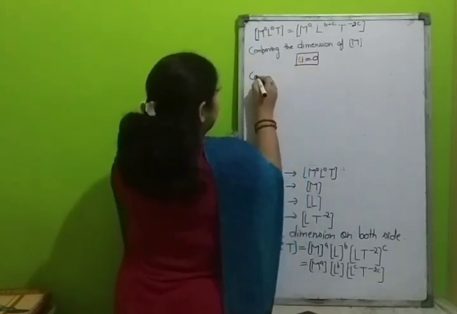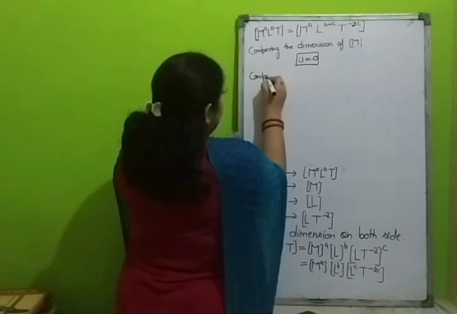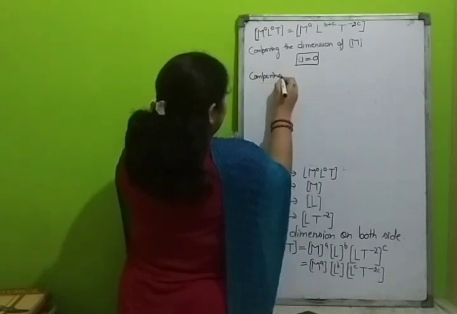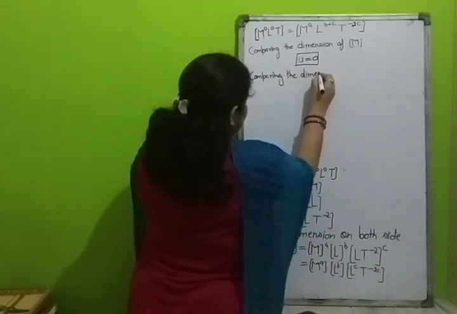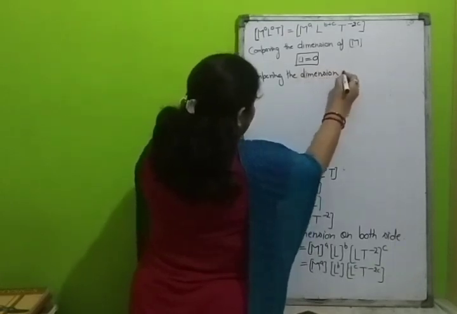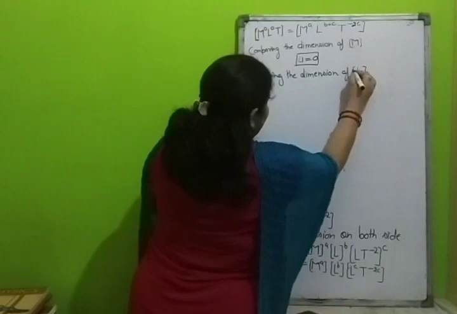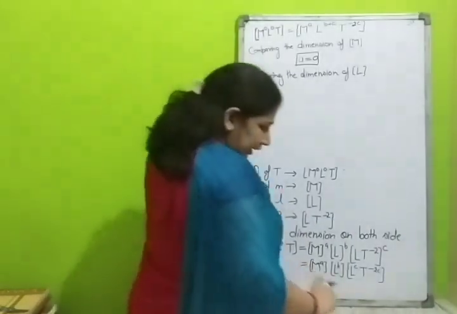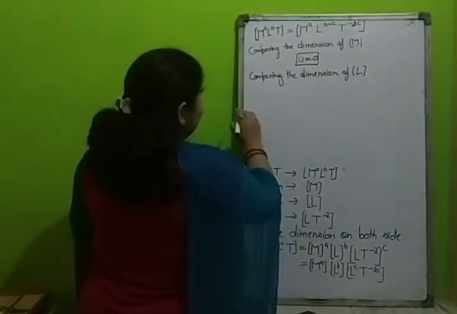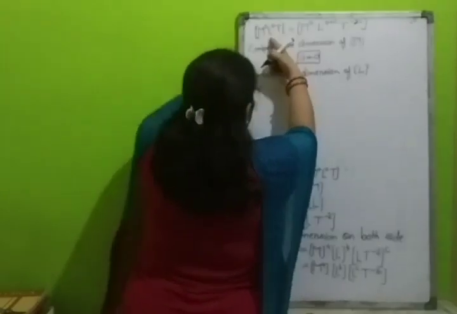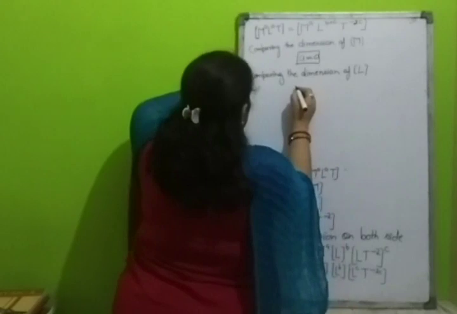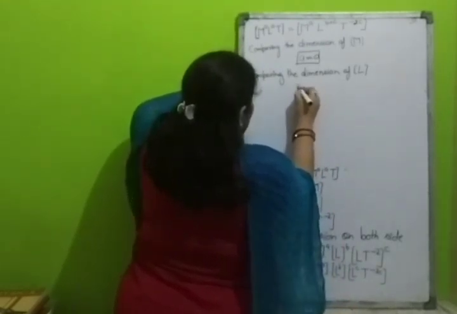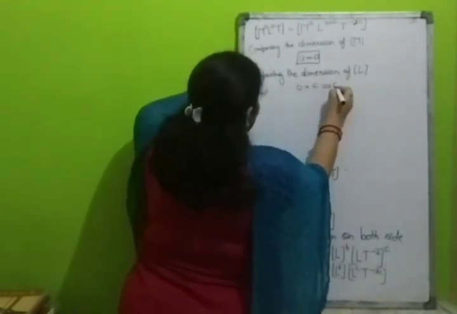Now the dimension of L: here we have 0 and here we have b plus c, which means b plus c is equal to 0.